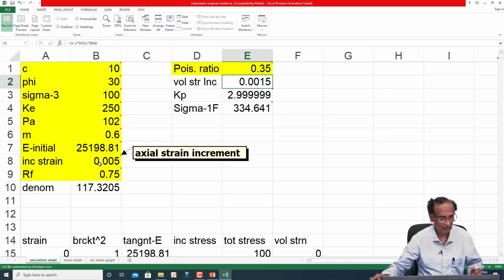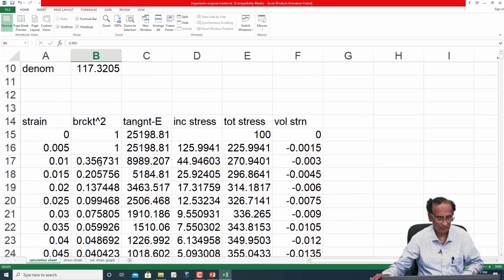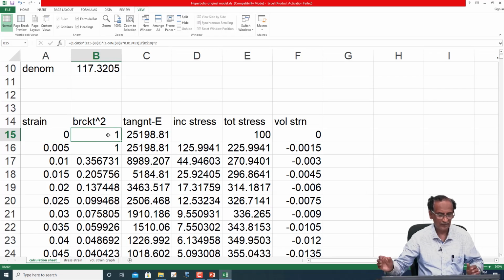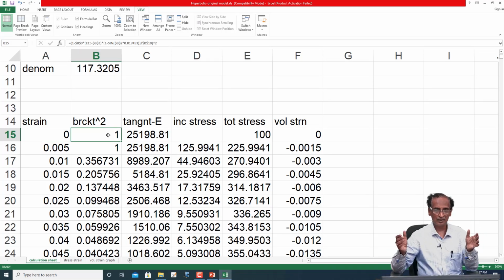Axial strain is our incremental strain. So initially when the strain is 0, your bracketed term is 1, that is sigma 1 minus sigma 3 is 0, that is the initial state, or that is when you apply the confining pressure.